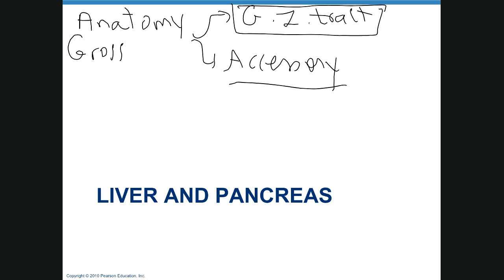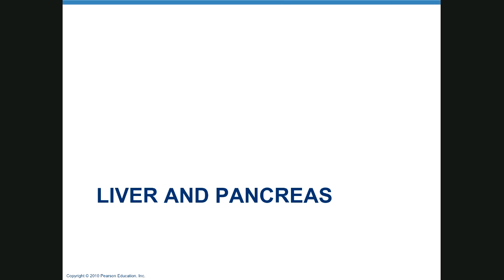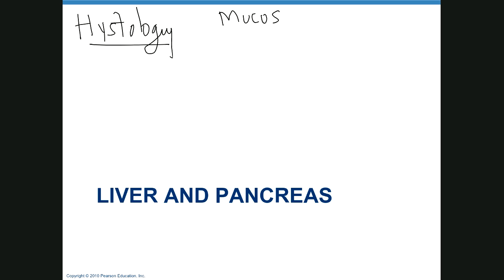When it came to histology or microscopic anatomy, you should definitely go back and review the histological organization of the GI tract. And what we talked about were the layers of tissue, starting with the mucosa, which is the most superficial tissue, and it consisted of the mucosal epithelium.